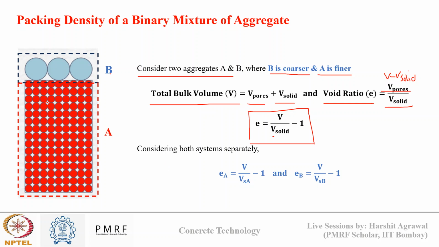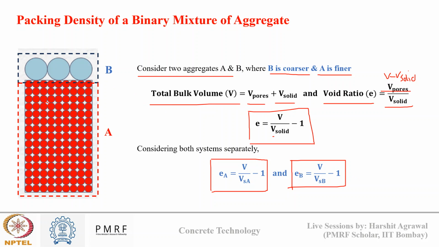Okay, if right now I consider both the systems separately, B separate and A separate, then the void ratio in A will be bulk volume upon volume of solids in A minus 1, and the void ratio of B will be bulk volume upon volume of solids of B minus 1. So separately I can write the void ratios like this.